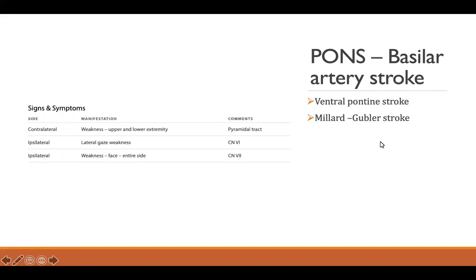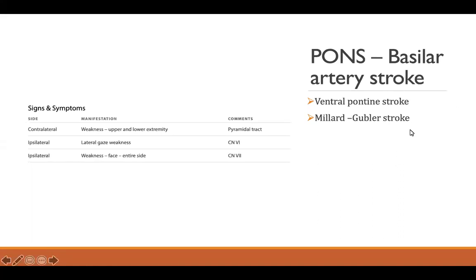So in the pons, we're going to be talking about the basilar artery stroke. We talked about the basilar artery earlier. It's a huge artery that combines together with the vertebral arteries to form branches into the circle of Willis. So a ventral pontine stroke is also called a Millard-Gubler stroke. We're trying to move away from eponyms.